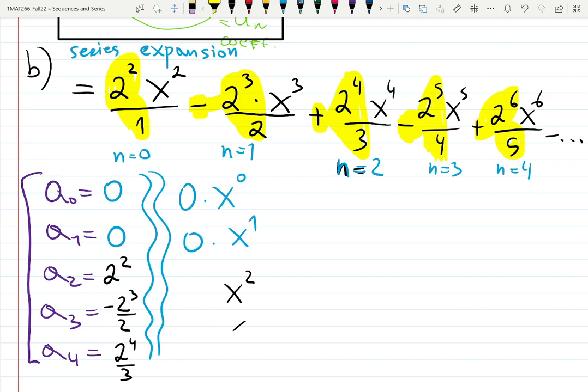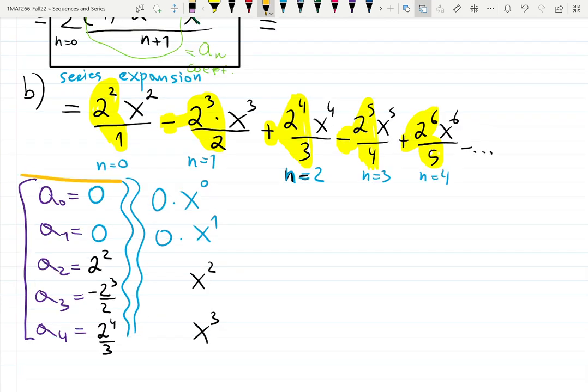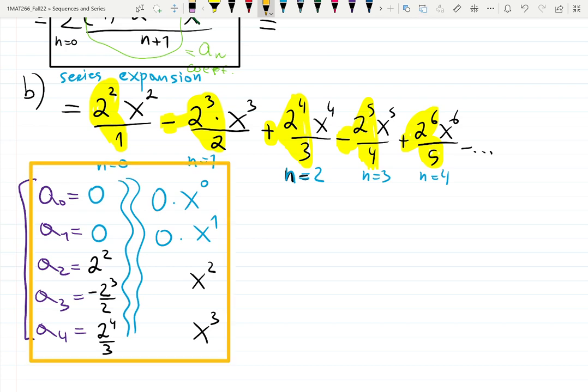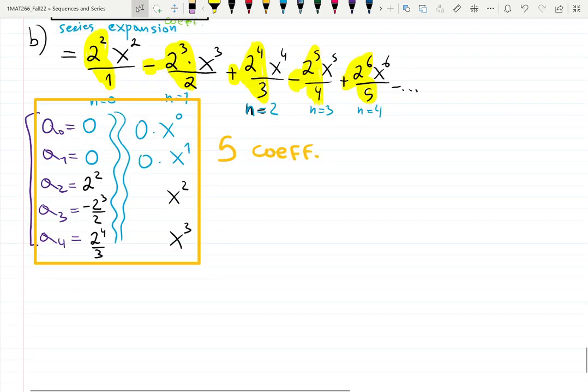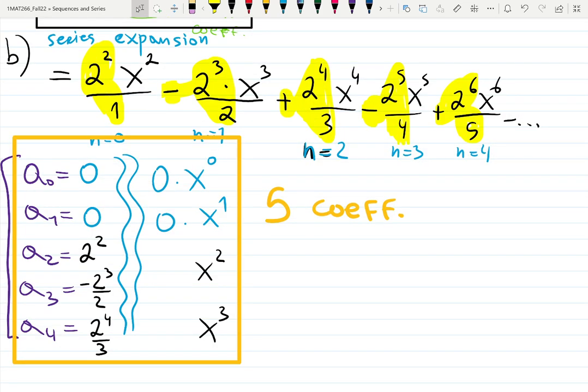So this answer indicates 5 coefficients. If they ask you for 5 non-zero coefficients, then you answer whatever I wrote in yellow over here. All 5 non-zero coefficients.